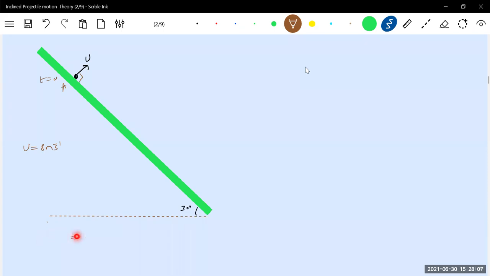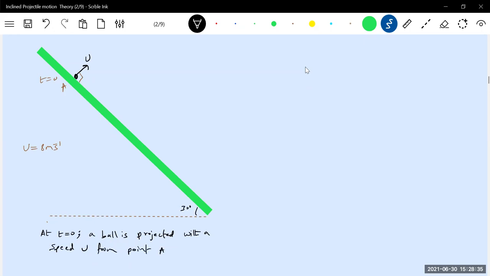At t equals 0, a ball is projected with a speed u from point A, normal to the inclined plane.